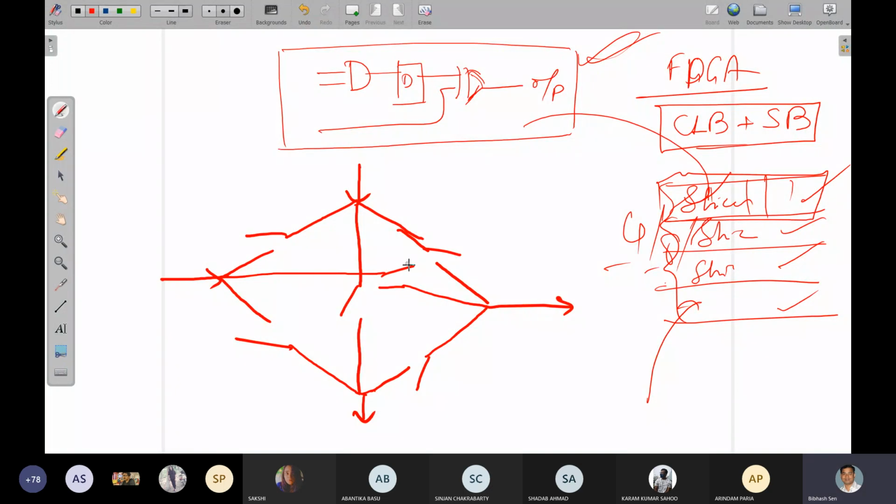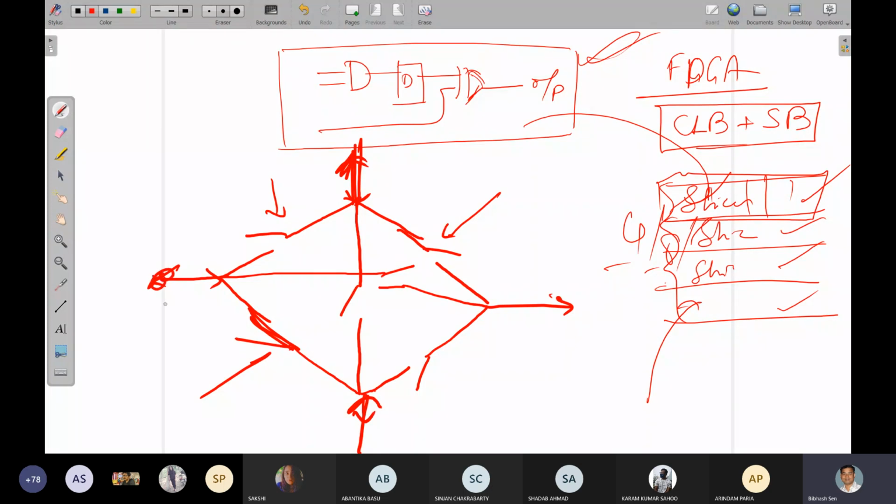So suppose these are the switches. When you provide voltage here or here or here, it is connected. That doesn't mean current must always be there. If you provide input here, it can pass to here. So it is multi-dimensional.